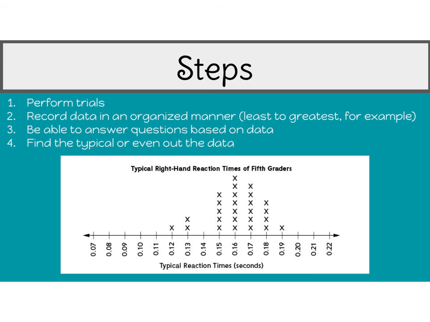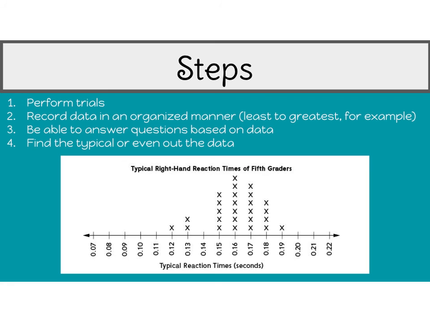So let's talk about the steps that you're going to do to complete this activity today. So first of all, you're going to be performing your trials. You're going to record data in an organized manner. So you may be asked questions like list your data from least to greatest, for example. You need to be able to answer questions based on data, and you're going to find the typical, or you're going to even out the data like we've done in a previous lesson when we talked about the typical 4th grade student or typical 5th grade student.